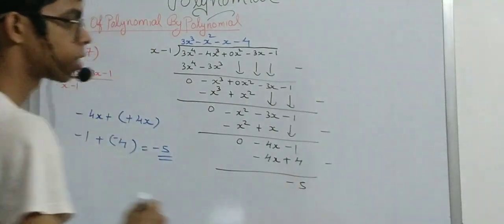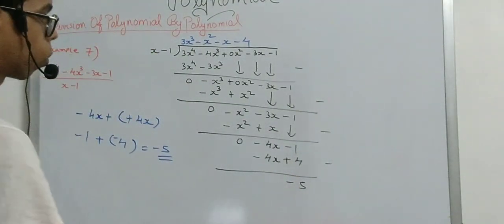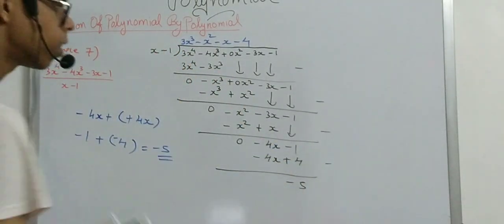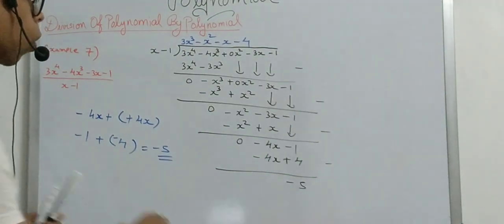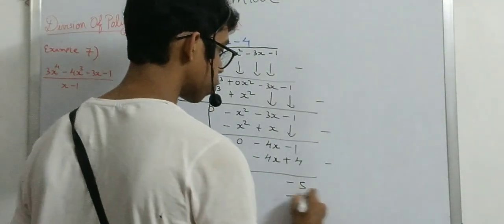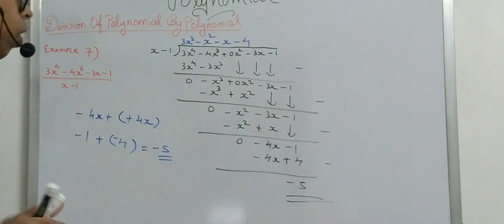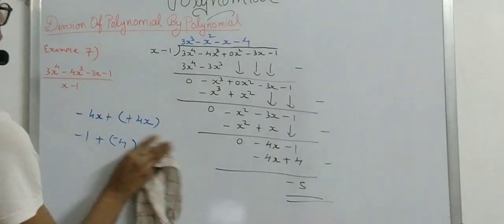So now if you see, we have got a remainder which is independent of x, or the degree of the divisor is less. So now further we cannot divide and do the long division. So this minus 5 will be your remainder. We can stop our long division over here. So this is the long division we have done.